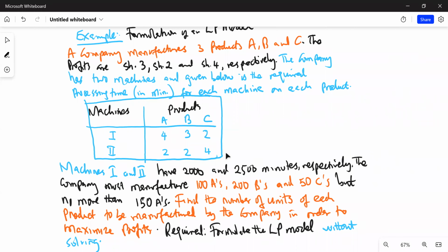But in this question, we'll not be trying to find the number of units. We'll just formulate the LP model and then we stop there. The solution will come later. So if you're given such a question, how do you proceed? Solution. The first thing is to define your decision variables.